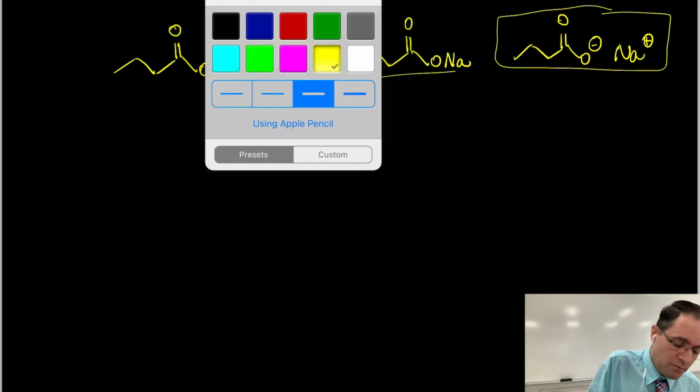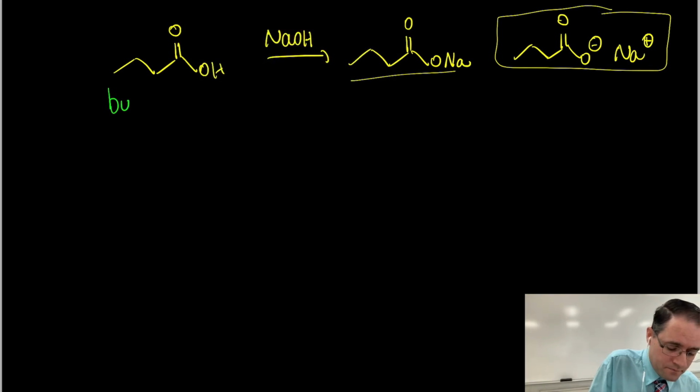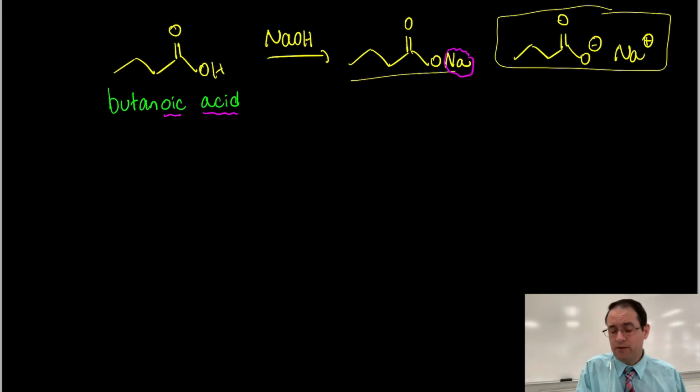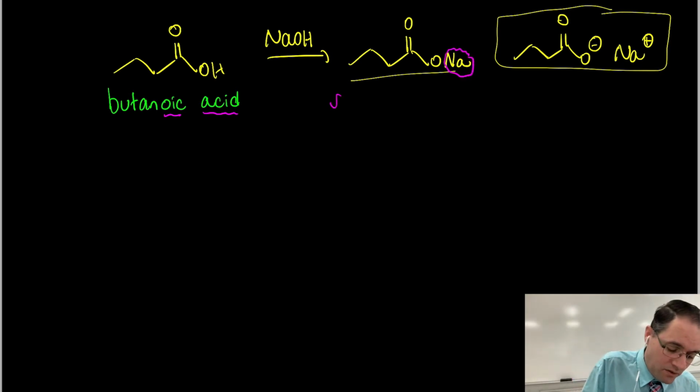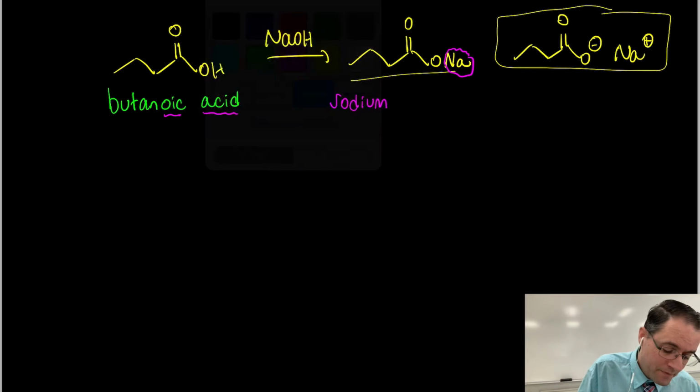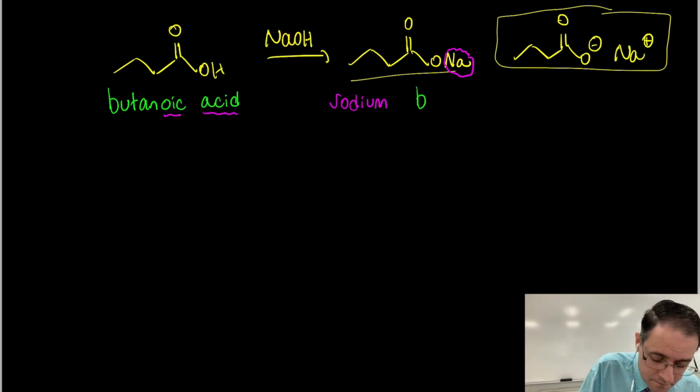So if we're starting with butanoic acid, the way we name the carboxylates is by chopping off the OH and the acid, and we incorporate the counter ion first. So we're going to name this sodium butan, so leave a space there.